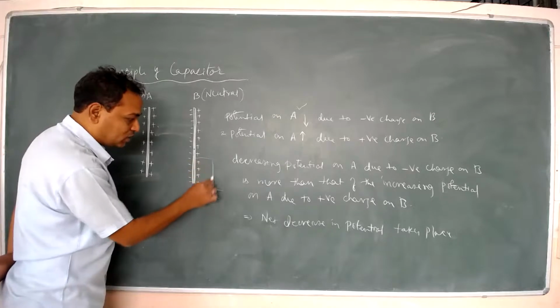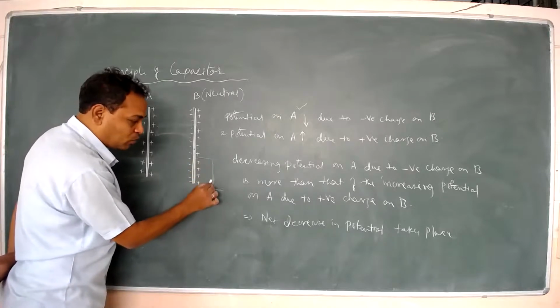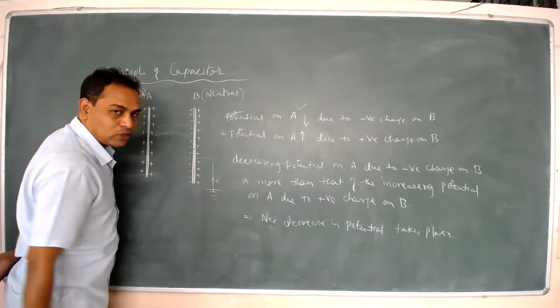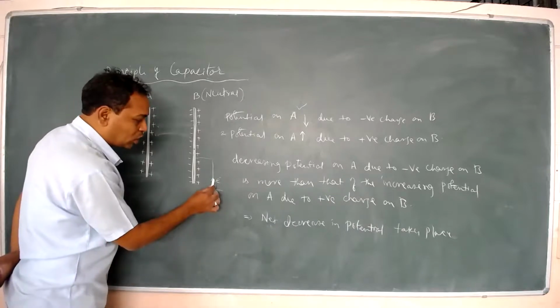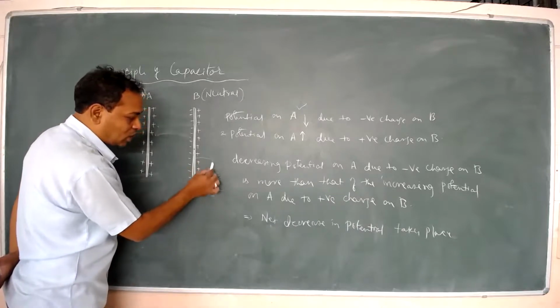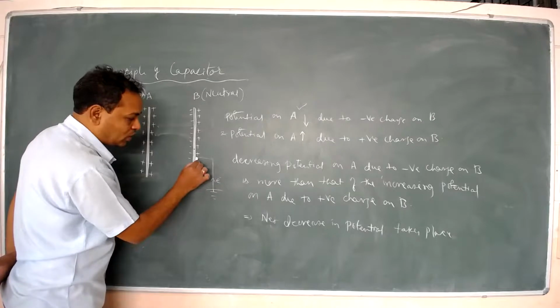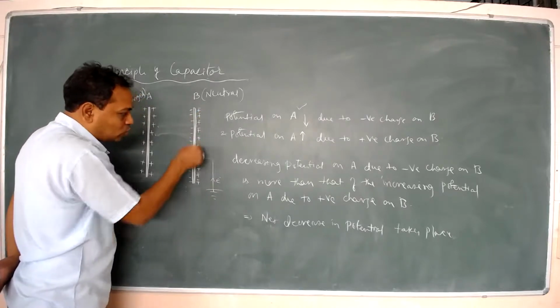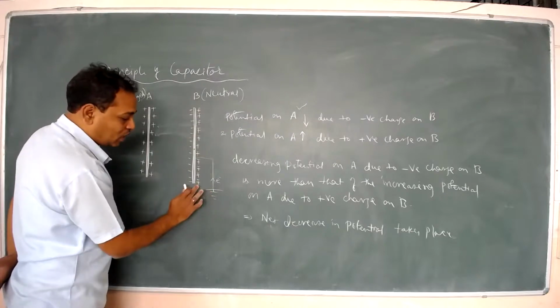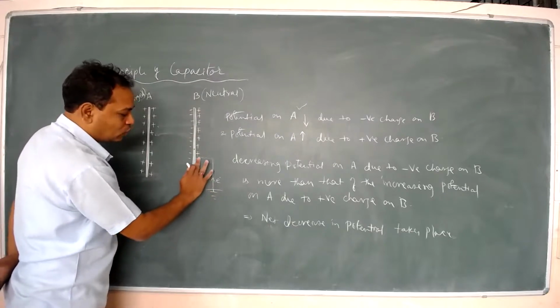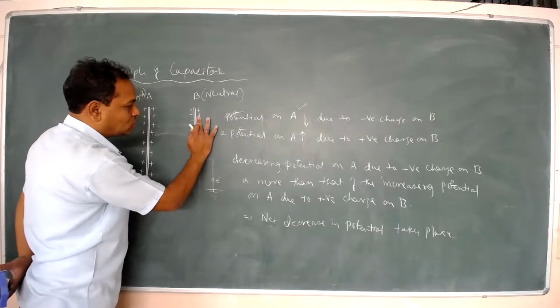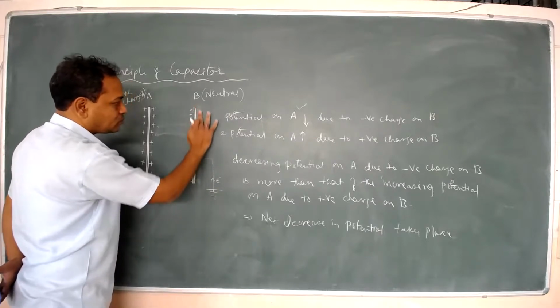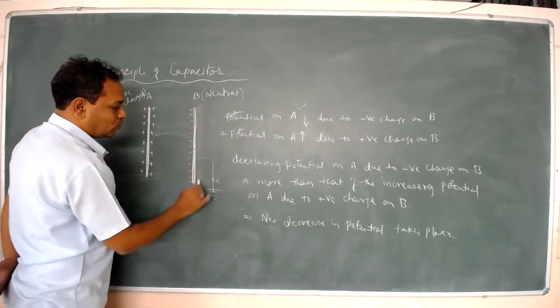So when it is earthed, the earth will provide an equal number of negative charges, that is, electrons. These electrons will come here and start neutralizing the charges on this side. So these many electrons it will supply, and finally this will get neutral. So finally there will be no charge on this side.